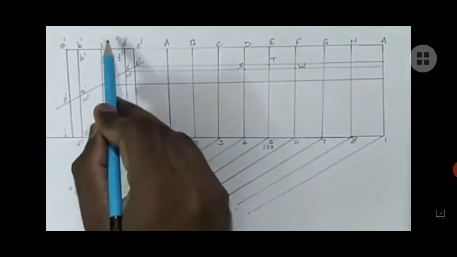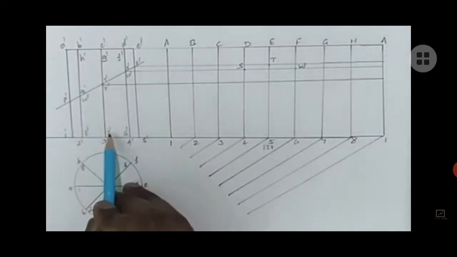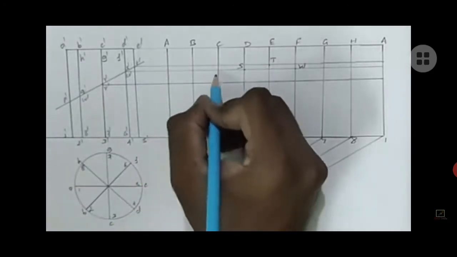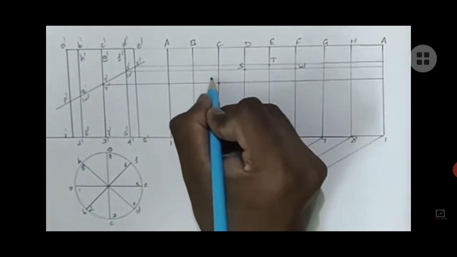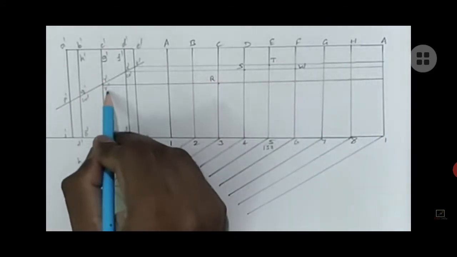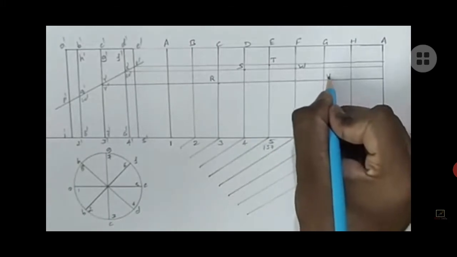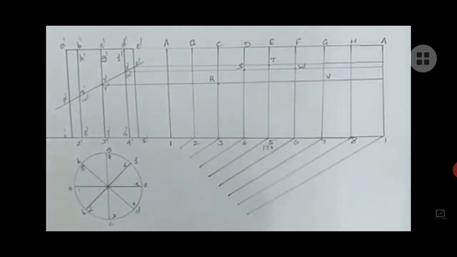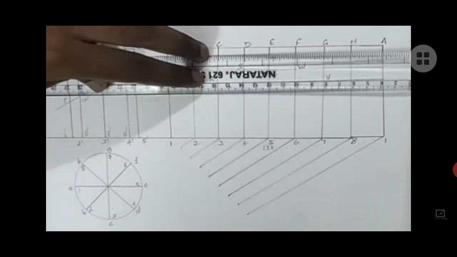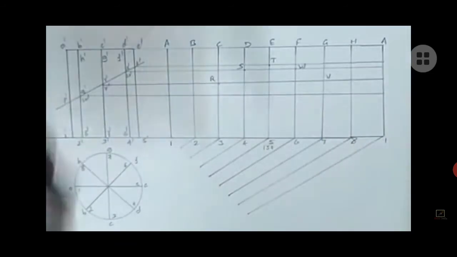Then project the other points for R and B. That is C3, and V in G7. So this is point R. Next is G7, where V is given. Similarly, project the other points, mark lines and take the points.